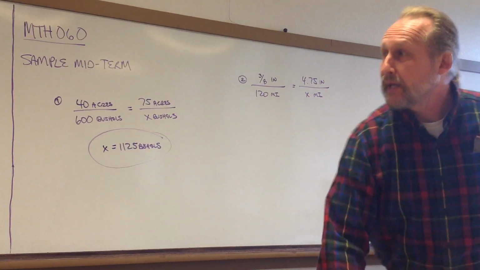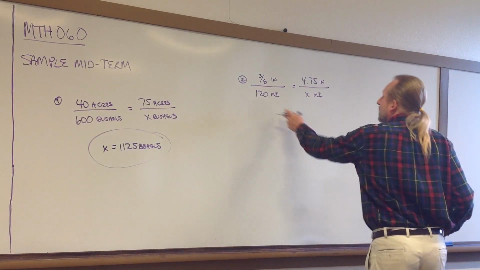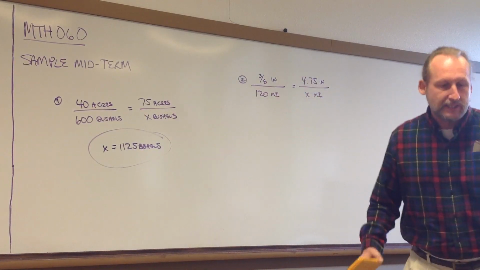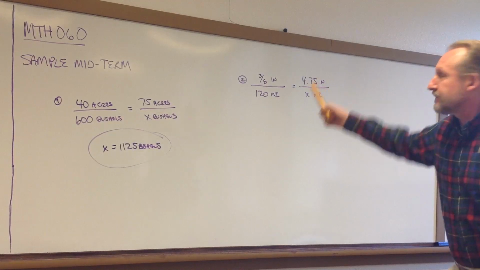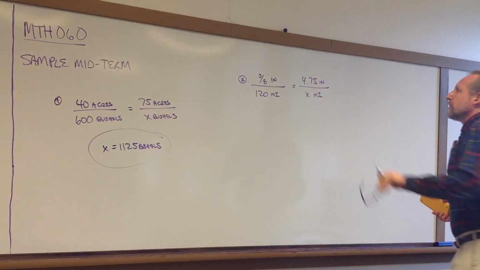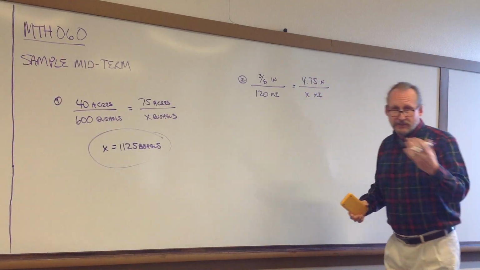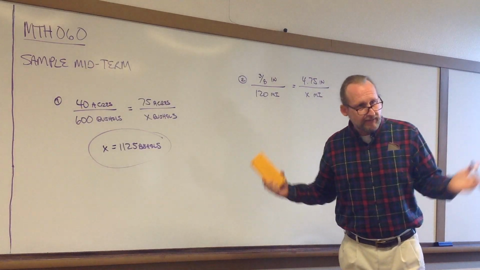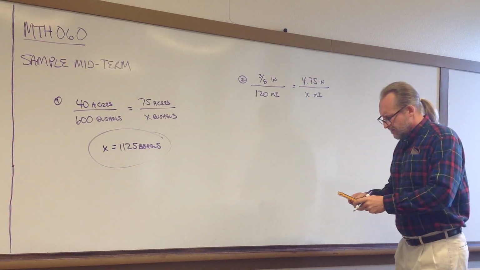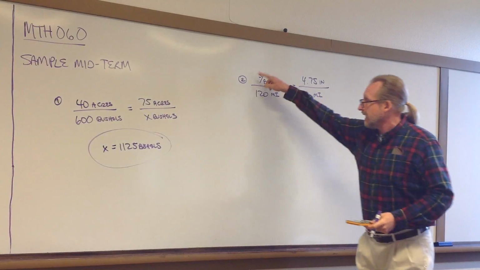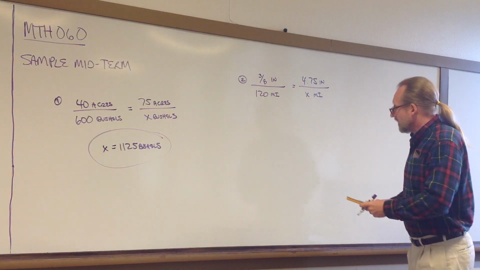So again, we're going to do the same process for solving. 120 times 4.75, and then we're going to have to divide by 3/8. So you sometimes run into fractions, and you should all have calculators with you. Understanding how to work with fractions on your calculator is a good idea.